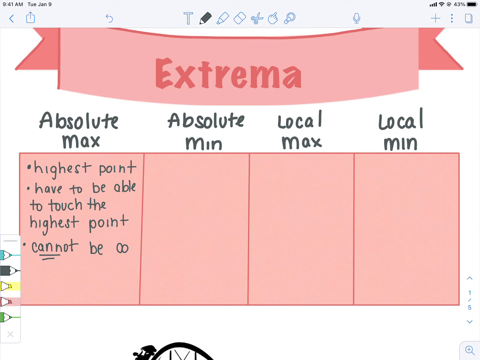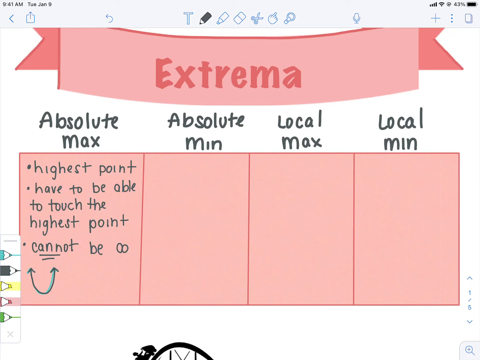So, for example, something that looks like our standard parabola that we're used to seeing. Both ends are going up forever, so that's not going to have an absolute max.